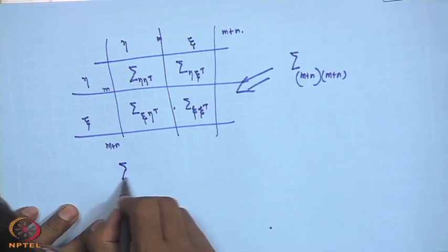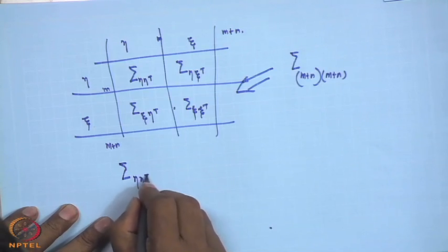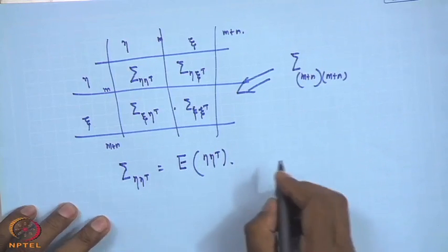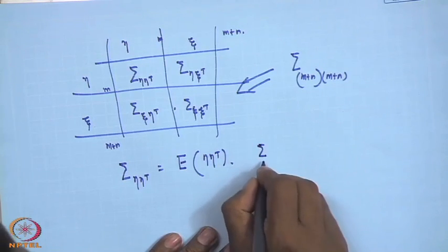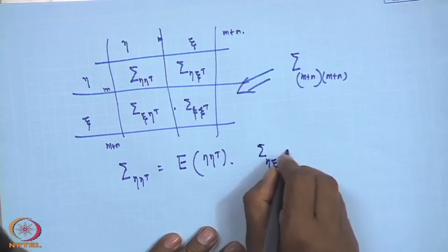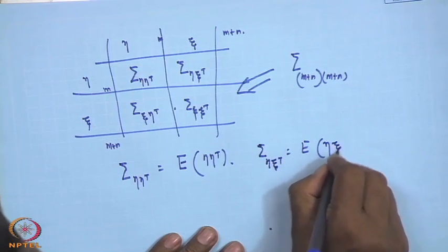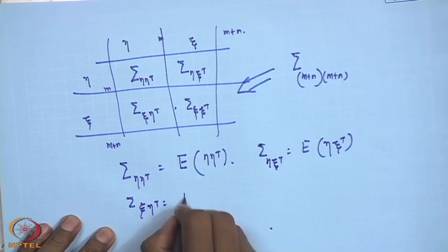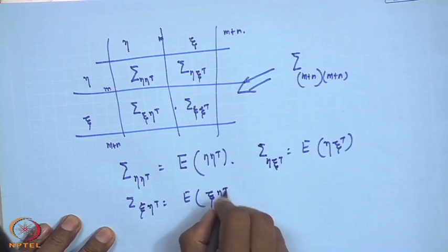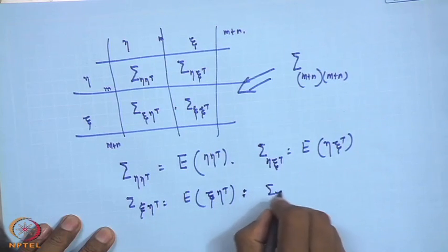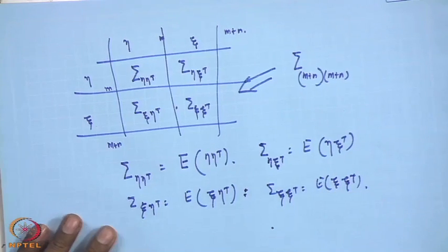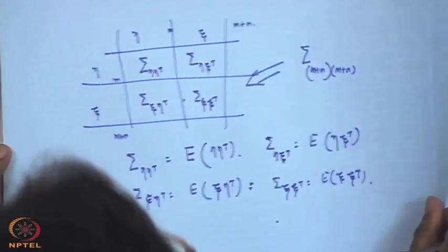That matrix of eta eta transpose is nothing but the expected value of eta eta transpose. Similarly, the matrix of eta xi transpose is the expected value of eta xi transpose. Similarly, xi eta transpose is the expected value of xi eta transpose, and the last one is the expected value of xi and xi transpose. Okay, essentially the covariance structure will be like this.